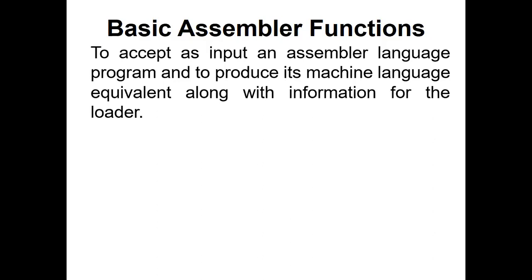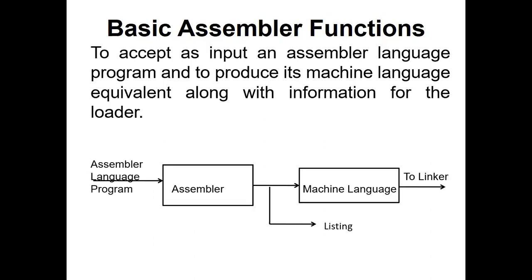We are going to see another software called a loader, which loads the machine language into memory. So the basic function of an assembler is to accept an assembler language program and produce its machine language equivalent along with the information for the loader.